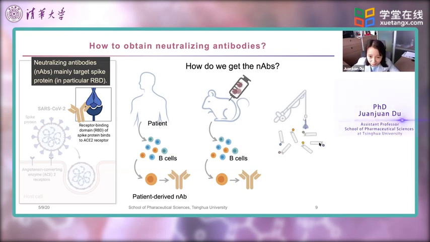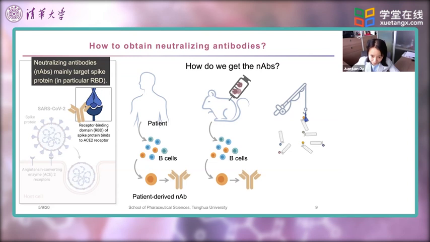And then we use the S protein from the virus to fish out the one that binds to it. This is called phage display. So with these two ways, we don't have to depend on the patient to get antibodies for this virus. Okay.